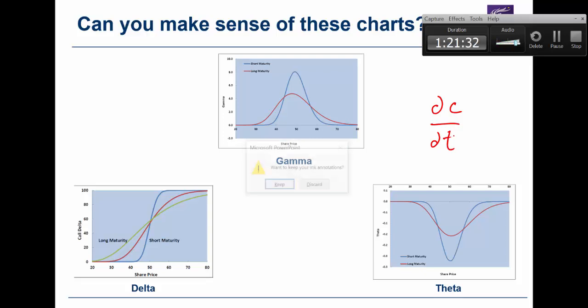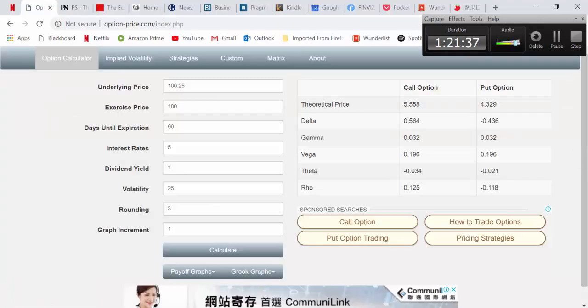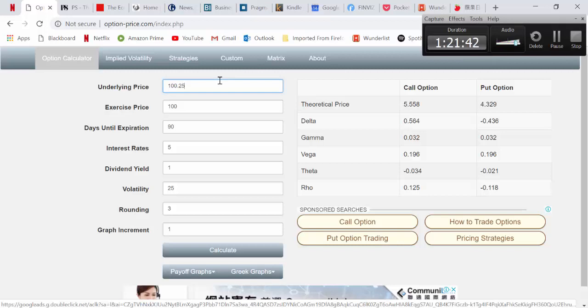You don't have to look far, just go to any option pricer and you can see that. Do you see the theta values? Minus 0.034 and minus 0.021. So remember that theta, when it is properly quoted, should always be negative. You all understand why, right? It's time decay. If nothing changes from one day to the next, your option has to lose value.